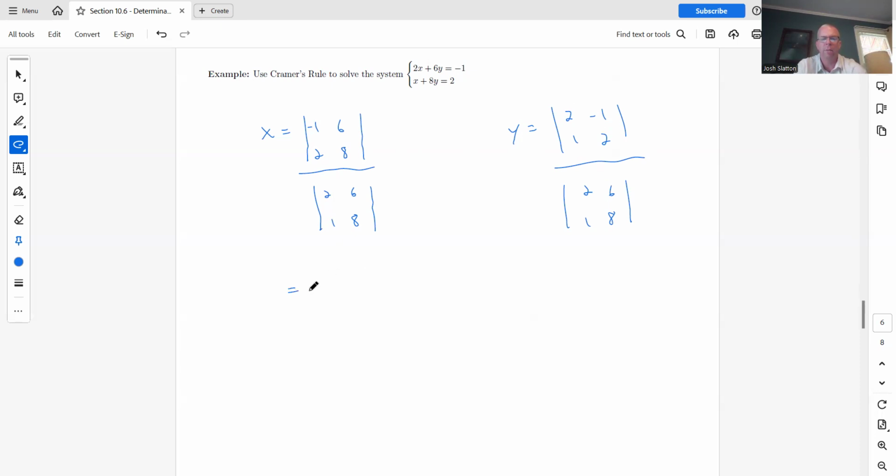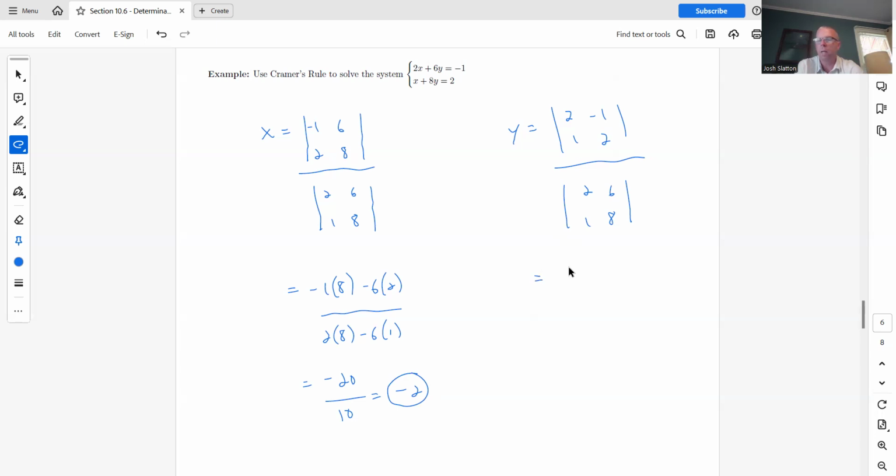So we have -1 times 8 minus 6 times 2, over 2 times 8 minus 6 times 1. So we have -8 minus 12, that'd be -20, over 16 minus 6, which is 10. That gives us -2 for x.